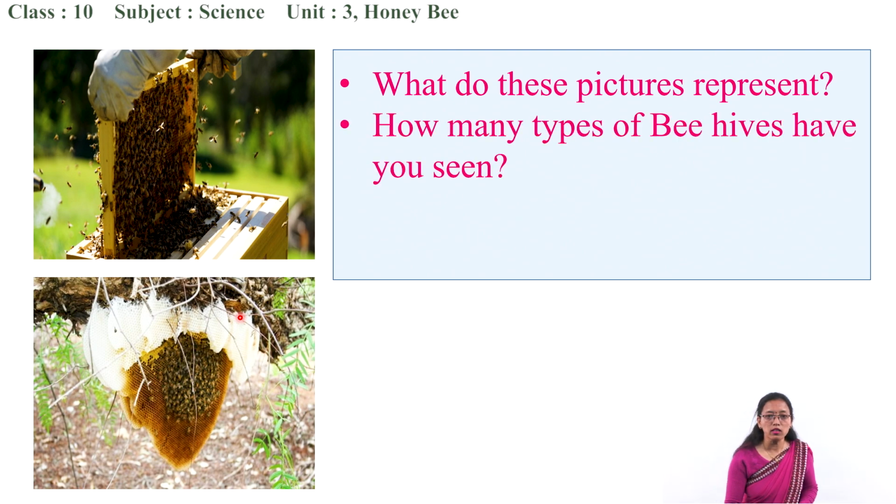So let's discuss another question. How many types of beehives have you seen? In a village or rural area, you might have seen hives made of logs. Those are also made by human beings. But sometimes when you walk in the jungle or roam in certain gardens, you see hives made naturally by honeybees on the trees.